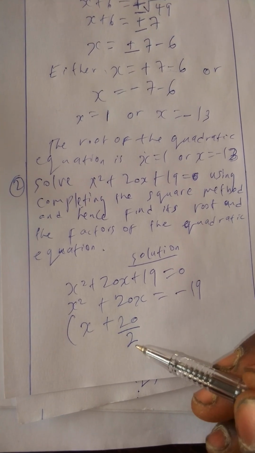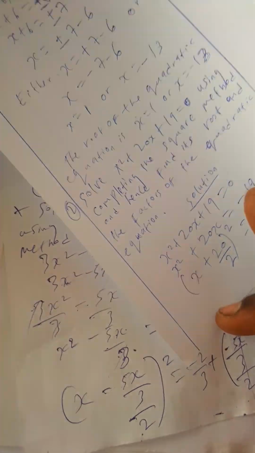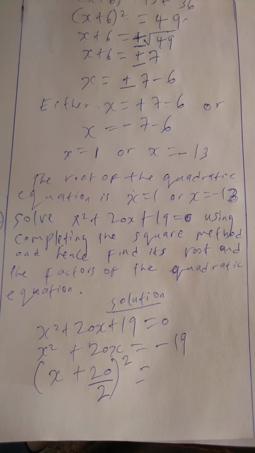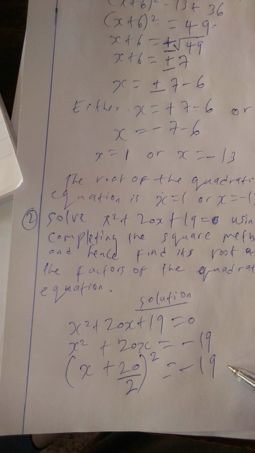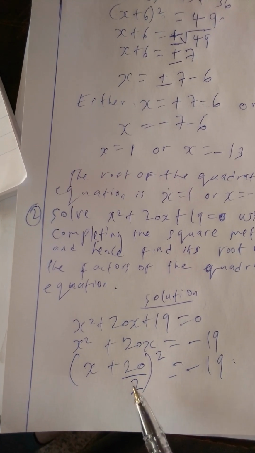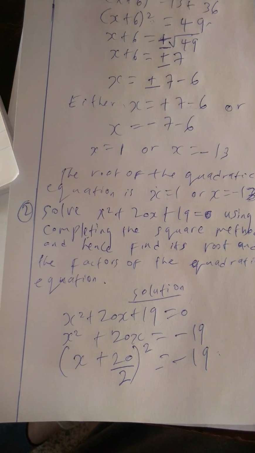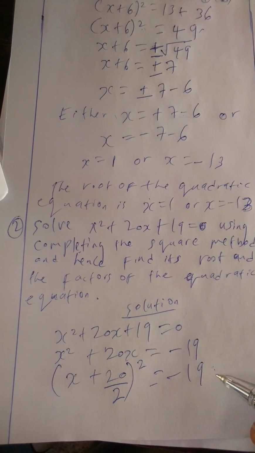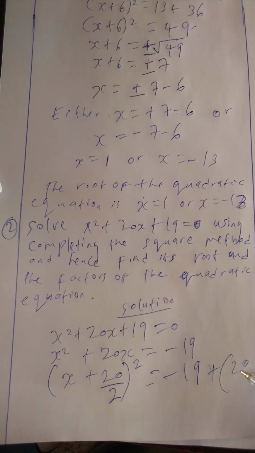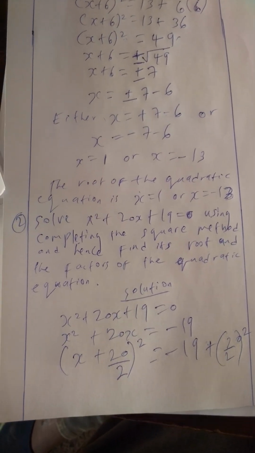So we'll say 20 divided by 2 all squared equals to minus 19. So we are going to add 20 divided by 2 all squared to the right hand side, to this minus 19. We have plus 20 divided by 2 all squared.